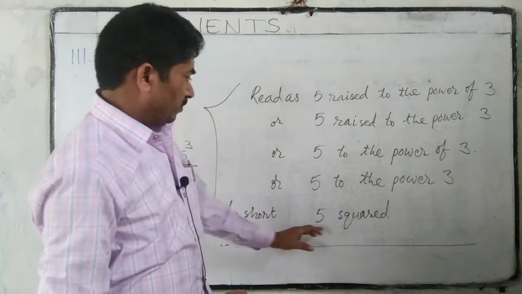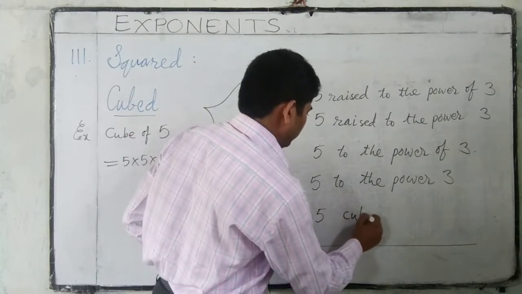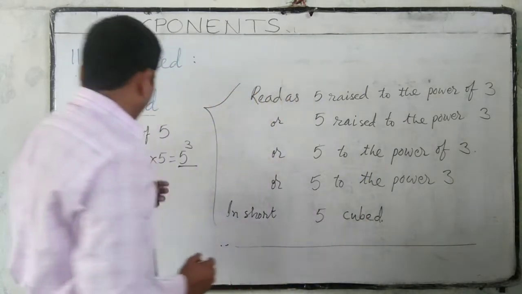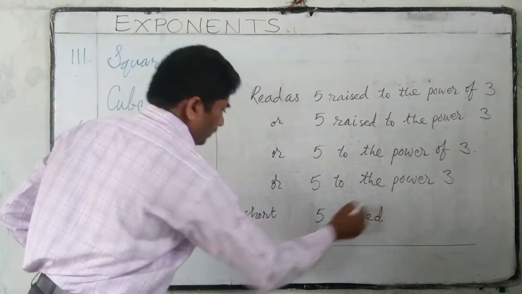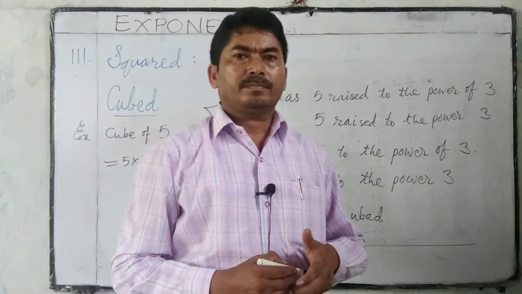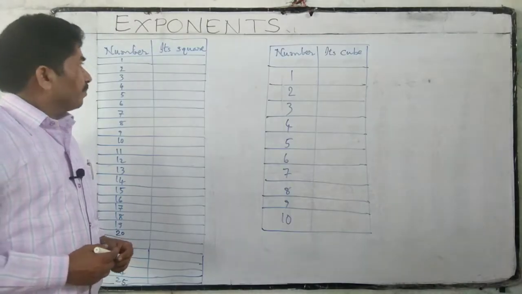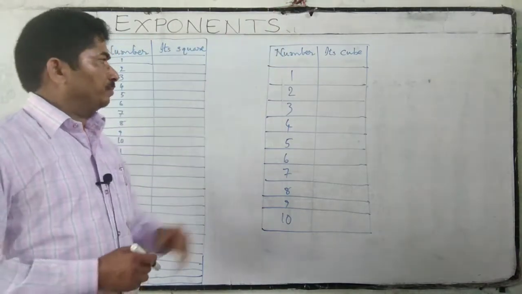In short, 5 cubed. We can read it these many ways. This is the short form, 5 cubed. Here we have to know few numbers and their squares, cubes.